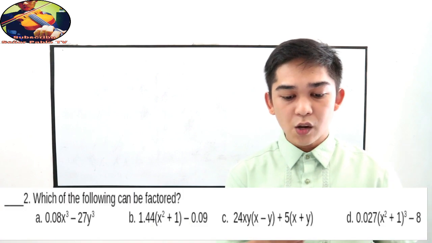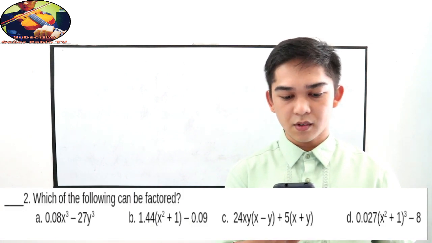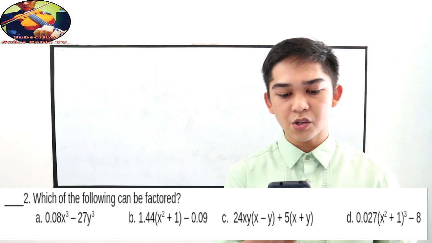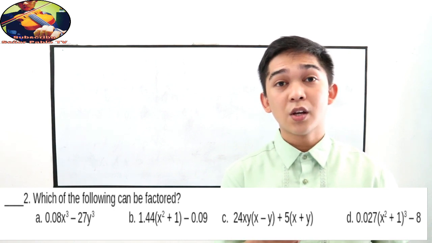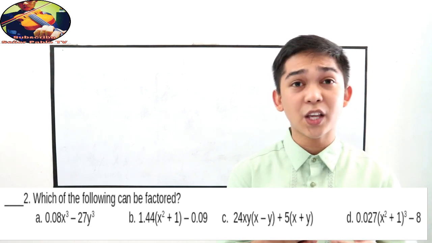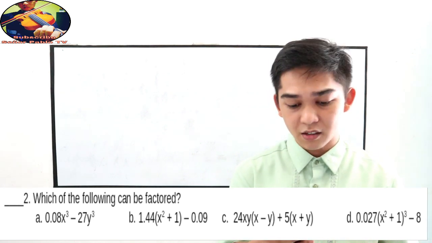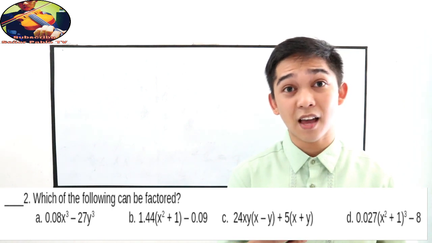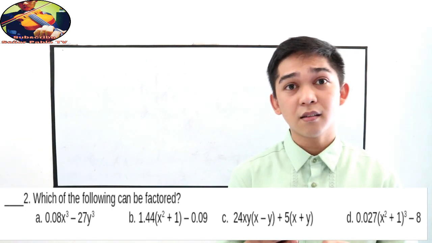Okay, number 2 tayo. Which of the following can be factored? Letter A, 0.08 x cubed minus 27y cubed. So, difference of two cubes. Check natin kung perfect cube ba si 0.08 at saka 27. 27, perfect cube siya.